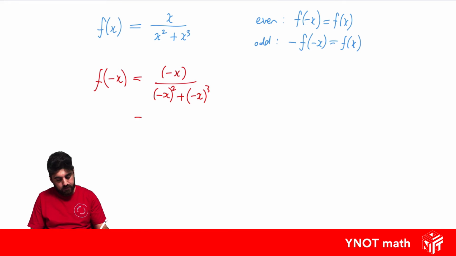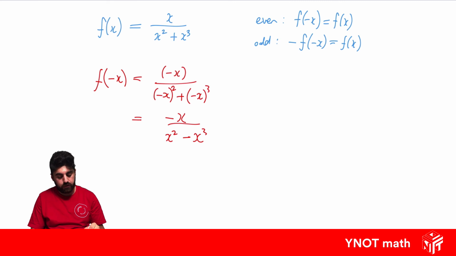Let's just simplify that. So we end up with minus x over minus x all squared is positive x squared, and minus x all cubed gives us minus x cubed. So basically, if you're squaring a negative, it becomes positive. If you're cubing a negative, it becomes negative. And if we take that one step further, if the power is even, you get a positive.